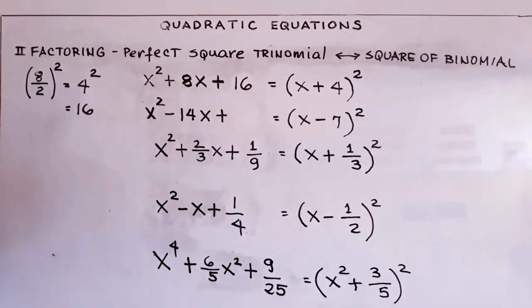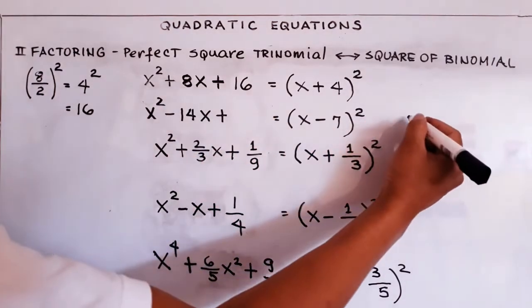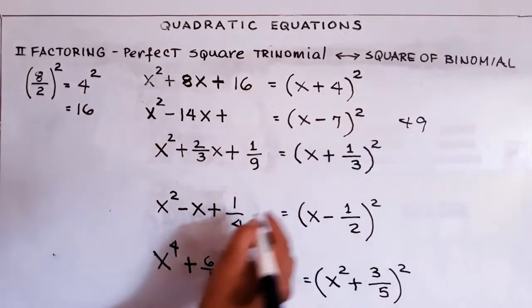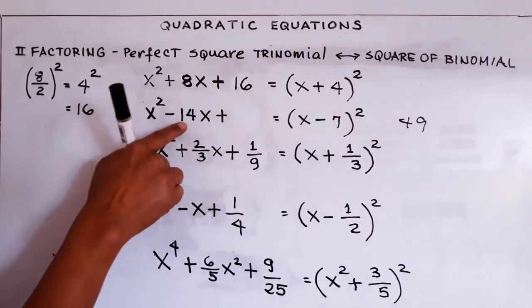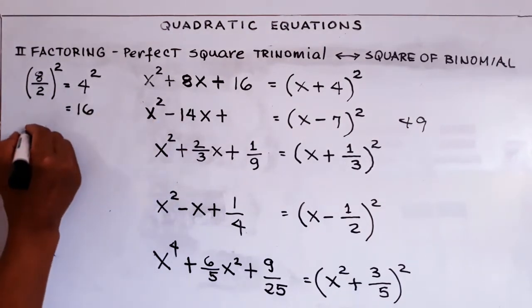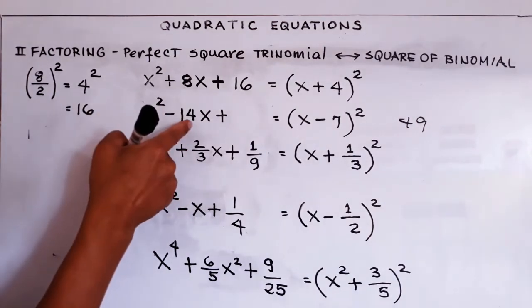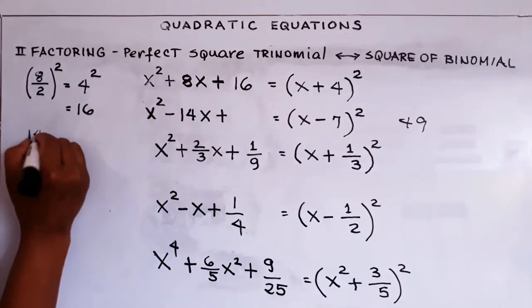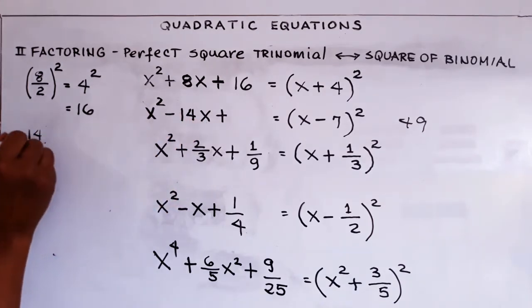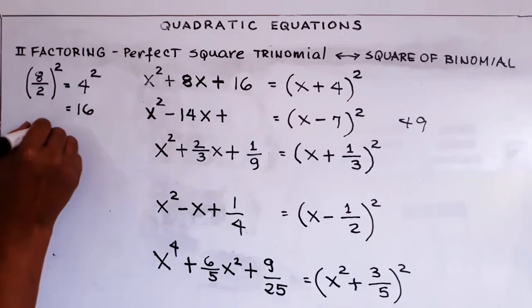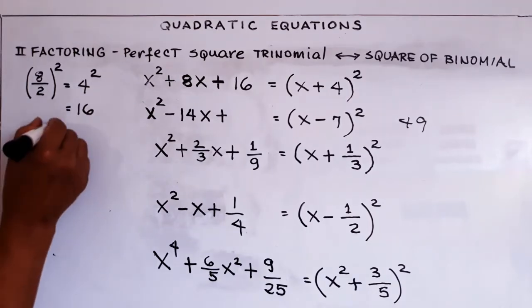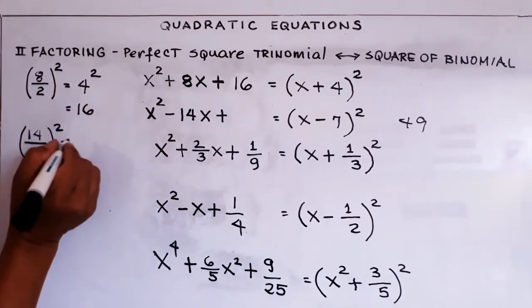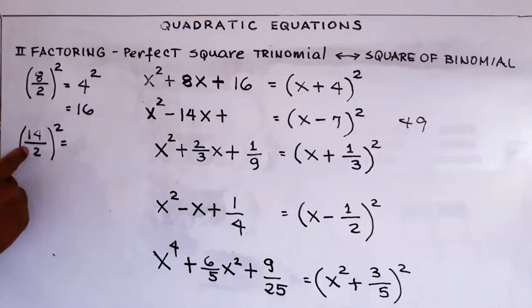We are going always to add something, and you know it's 49. We have to write it there. We get the 14, forget the sign, only the numerical coefficient of x, which is 14, divided by 2, and don't forget to square it. What is 14 divided by 2?